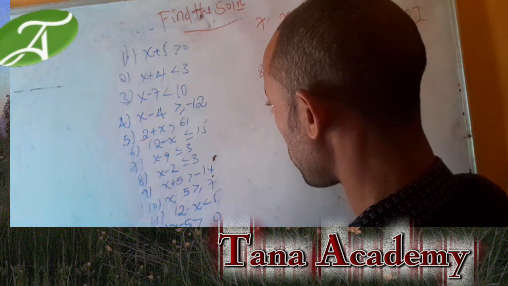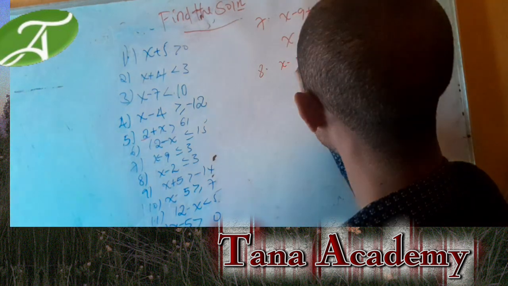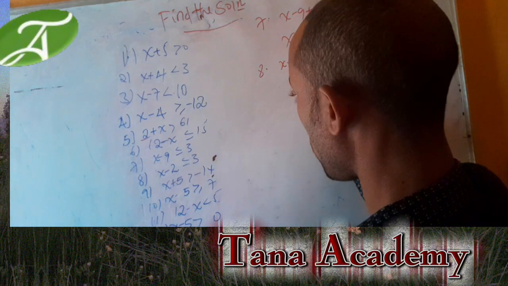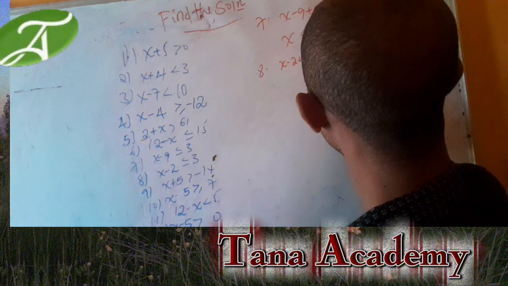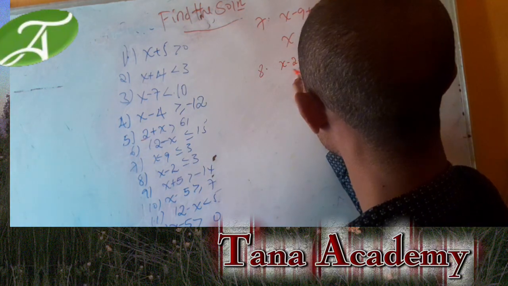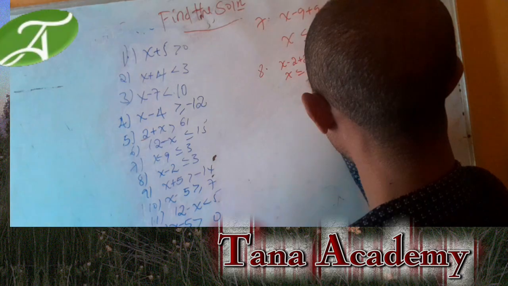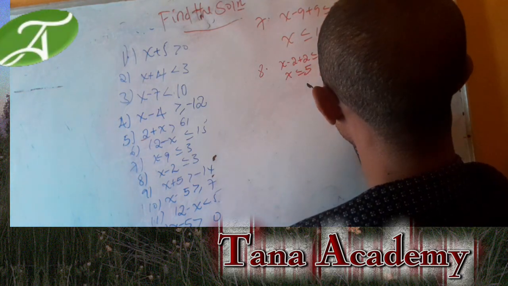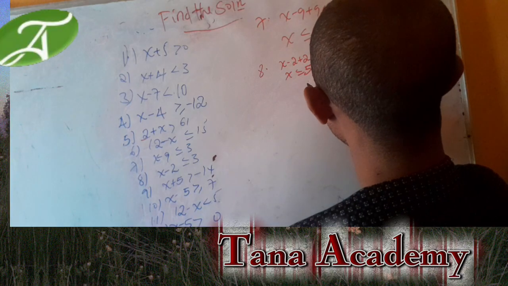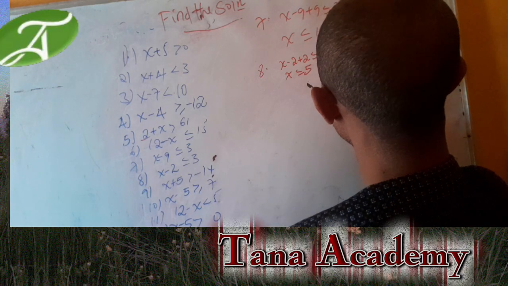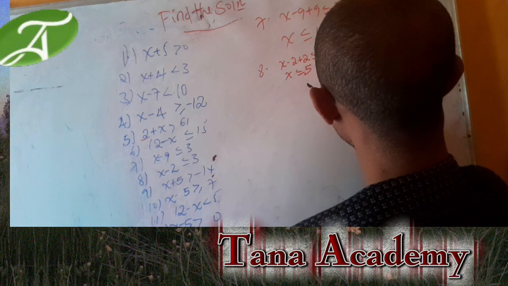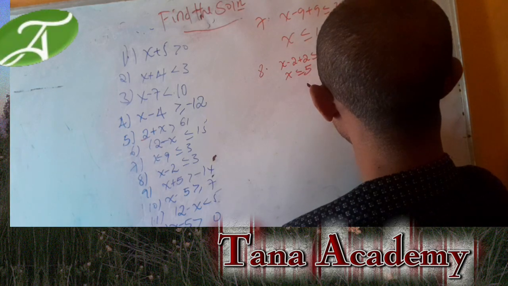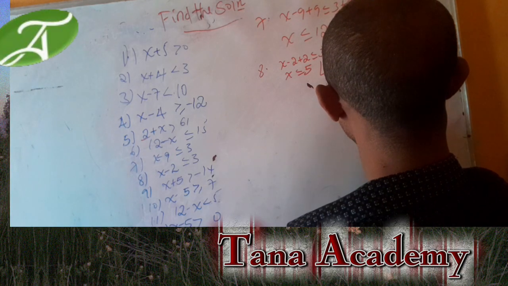Number 8. x minus 2 plus 2 less than or equal to 3 plus 2. x less than or equal to 3 plus 2 becomes 5. x less than or equal to 5 means the first solution is x equals 5, and the second solution is x less than 5.